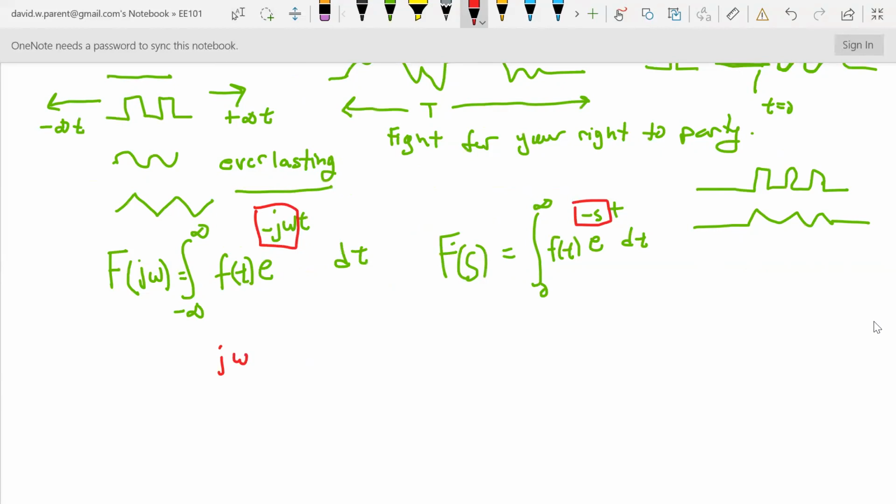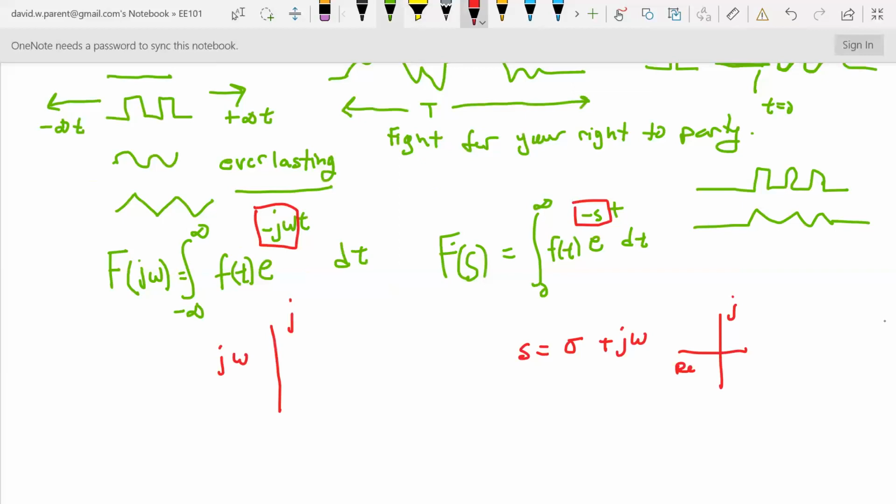Here, S has a real and an imaginary part. So we have our real and imaginary axis, whereas here we just have a number line with j on it.